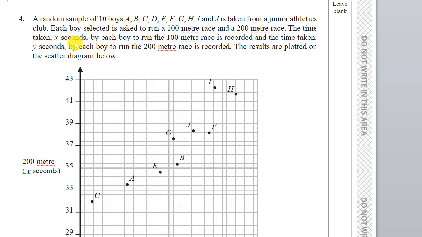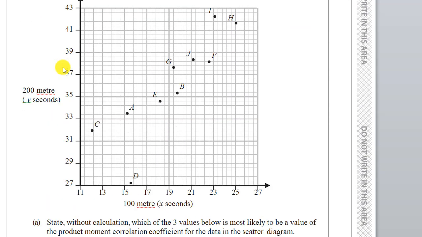The time taken in X seconds by each boy to run the 100-meter race is recorded, and the time taken in Y seconds by each boy to run the 200-meter race. So Y is the time for 200 meters. The results are plotted on the scatter diagram below. So this is our scatter.